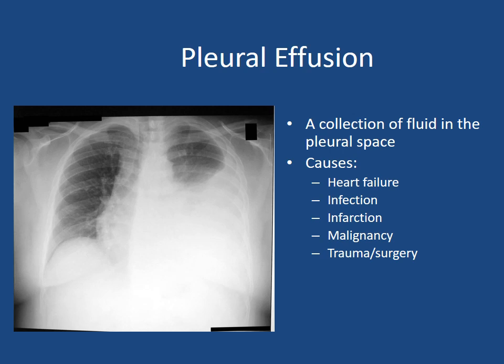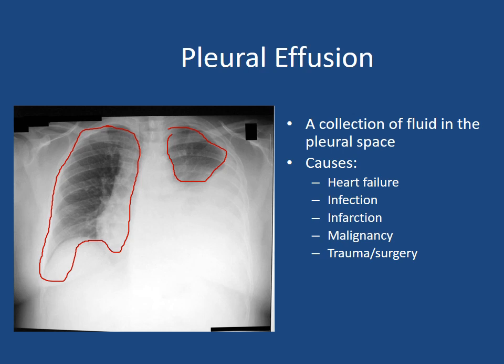So this is an example then of an image here that shows pleural effusion. What we're seeing is a normal lung on this side here. But on this side, this shows an area of lung tissue, and all of this area below is fluid.